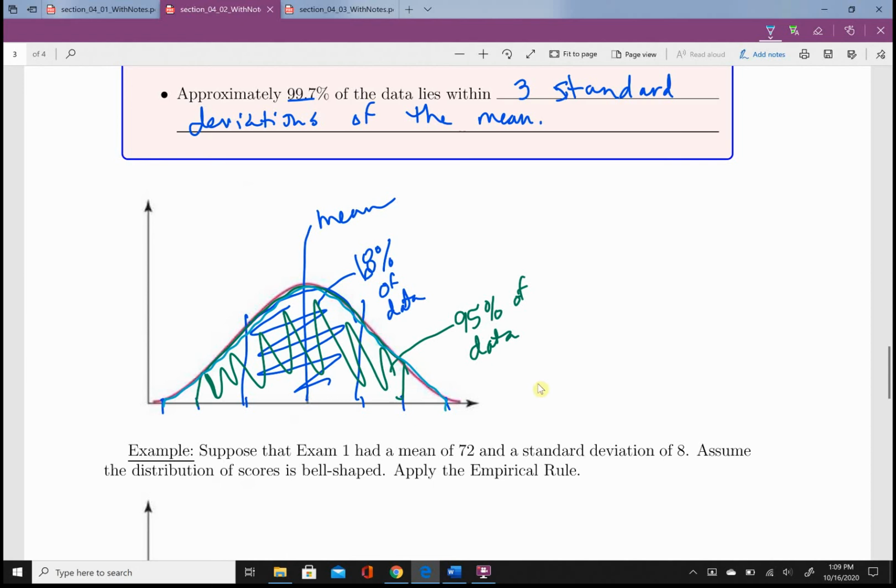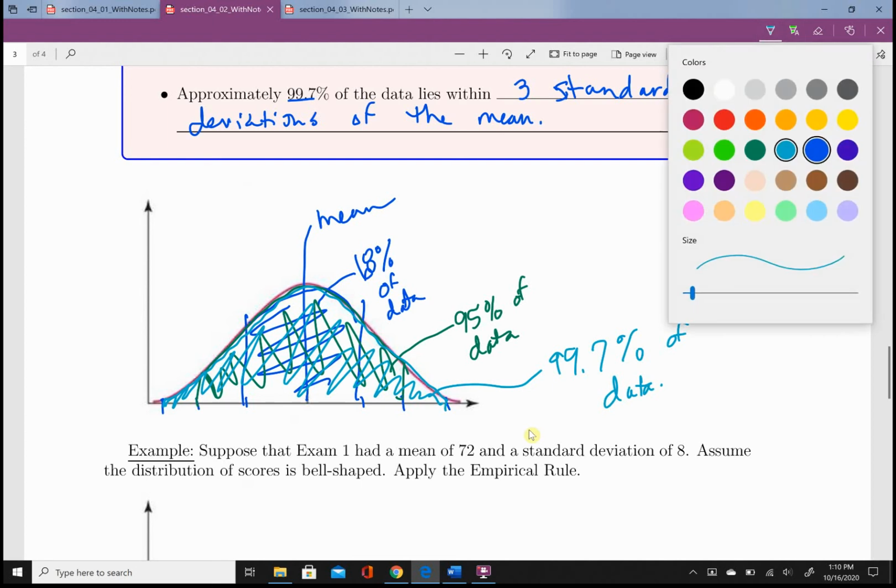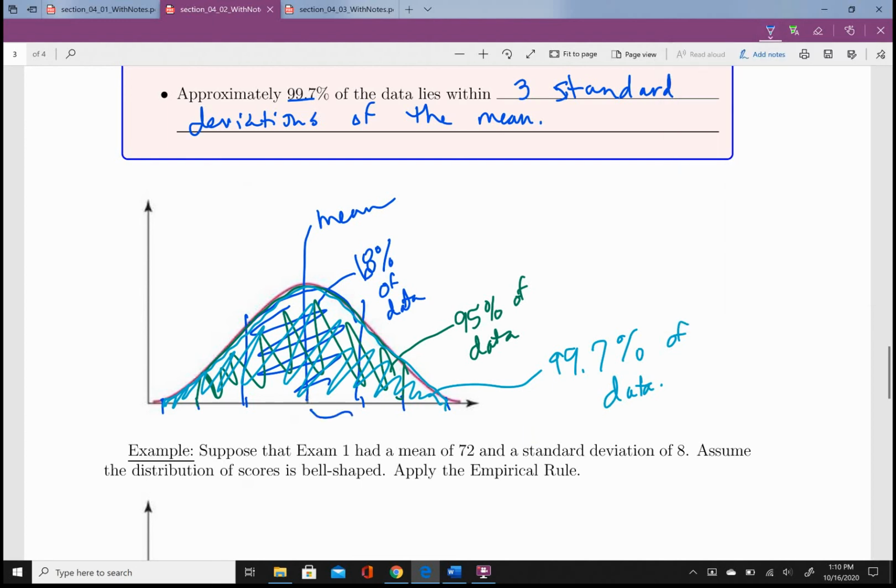And as you can see, that is pretty much all the data right there. That's 99.7% of the data. Cool. So, sorry, let me go back to this and say 1 standard deviation is this distance from here to here. So that's supposed to be the same distance from the mean to this other tick mark, and so on and so forth.